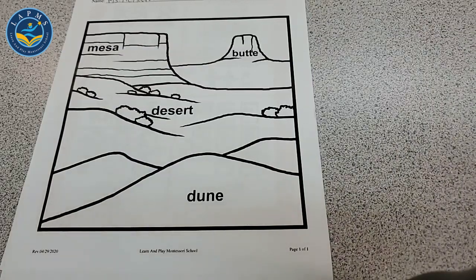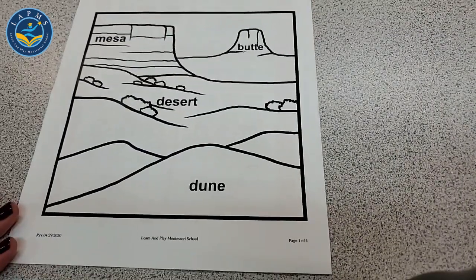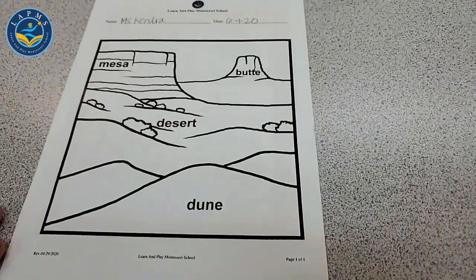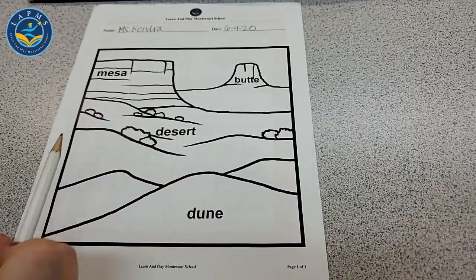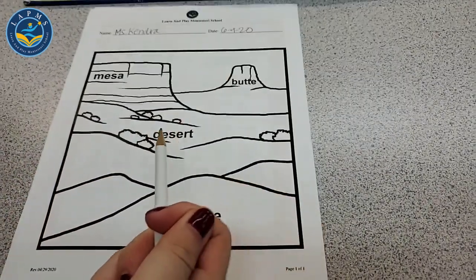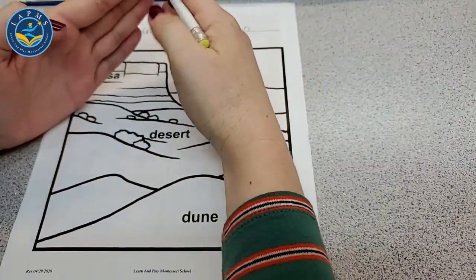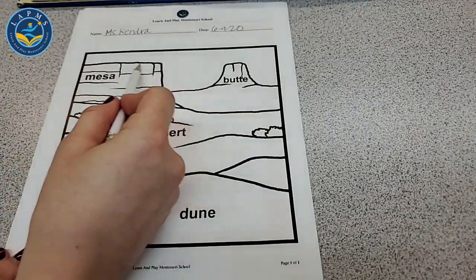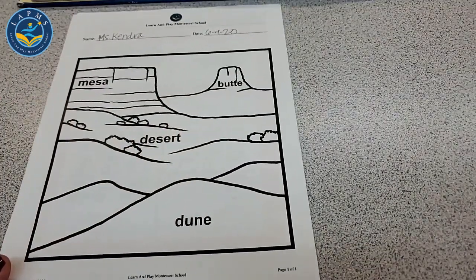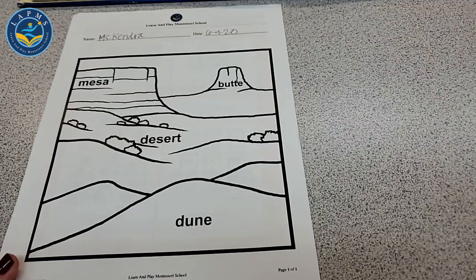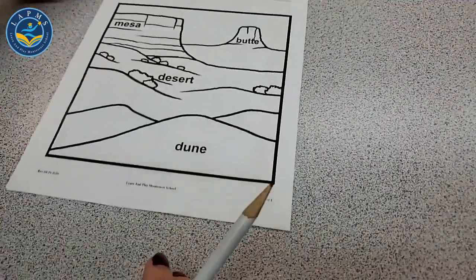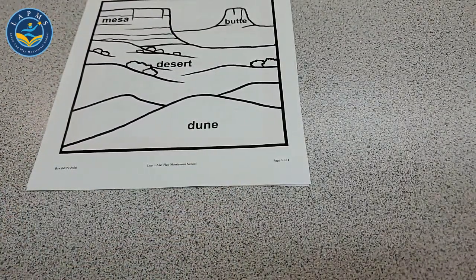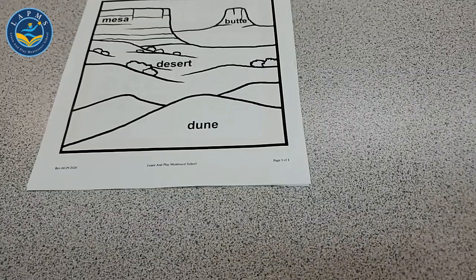Okay, so because of that, our landforms in the desert look very different, right? It doesn't look like a river and a mountain, right? Mountains are like triangles. And these landforms are flat on top, right? So let's see here. What does a dune look like? Does a dune look like something familiar? Maybe it looks like a hill? Does a dune look like a hill?